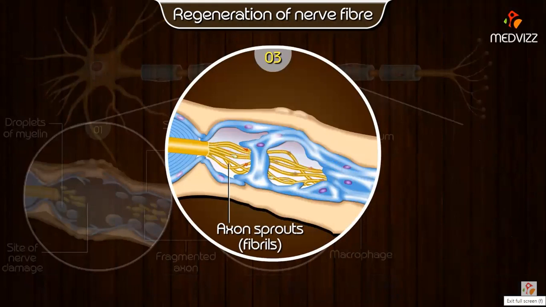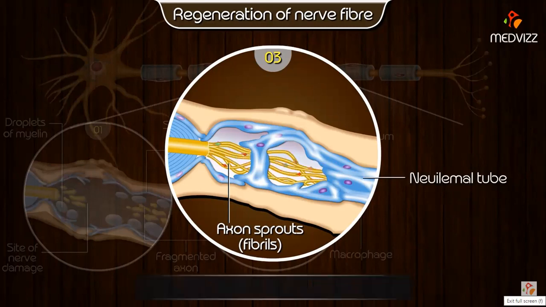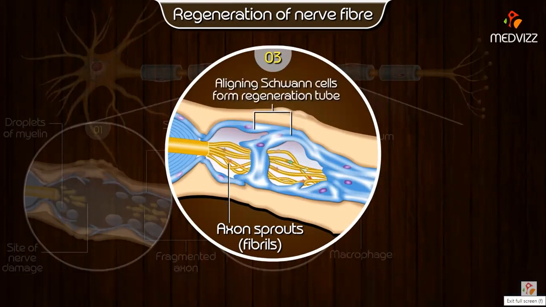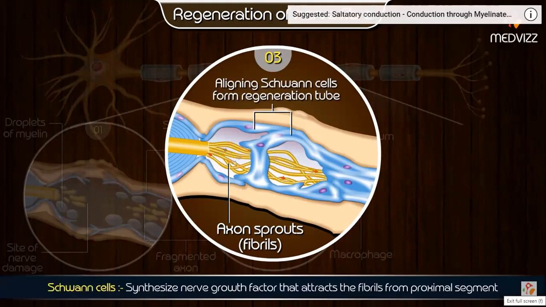Some of the fibrils enter the neurolemmal tube of the distal end and form the active cylinder. Schwann cells line up in the neurolemmal tube and actually guide the fibrils into the tube. Schwann cells also synthesize nerve growth factors, which attract the fibrils from proximal segments.